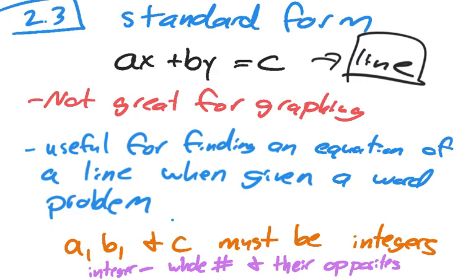So what does that mean by opposite? Like their negative version. So 5 and -5 are integers. 8 and -8 are integers. So what's not an integer? Any decimal, any fraction, any mixed number. Okay? It's just a fraction.